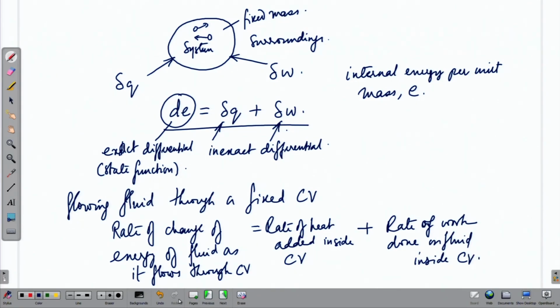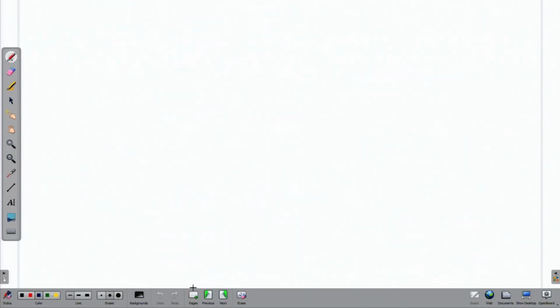Of course, there are different means by which you could do the heat transfer and the work.